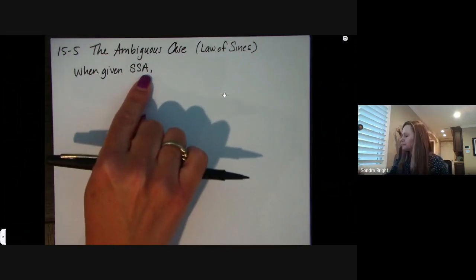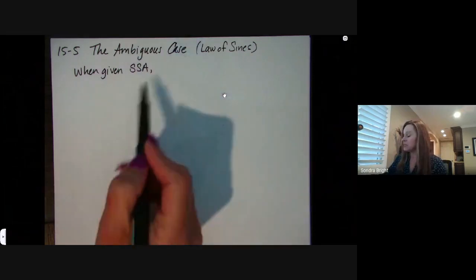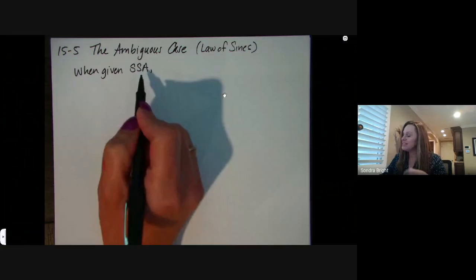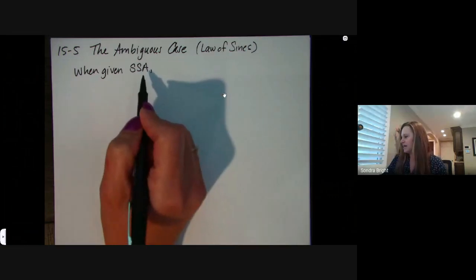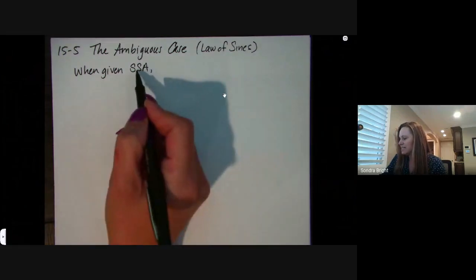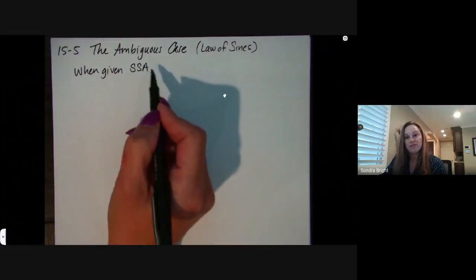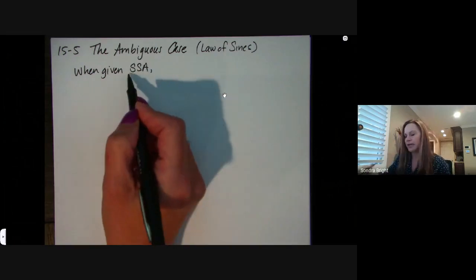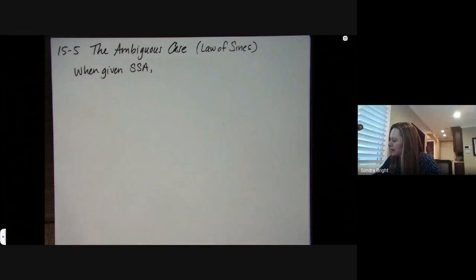And this is the reason why. When you're given two sides and the angle that's not in between the two sides, but is instead opposite one of the sides, it turns out you could have three possibilities.